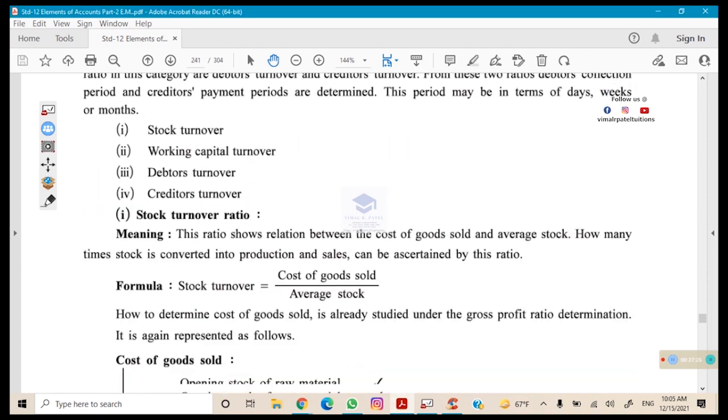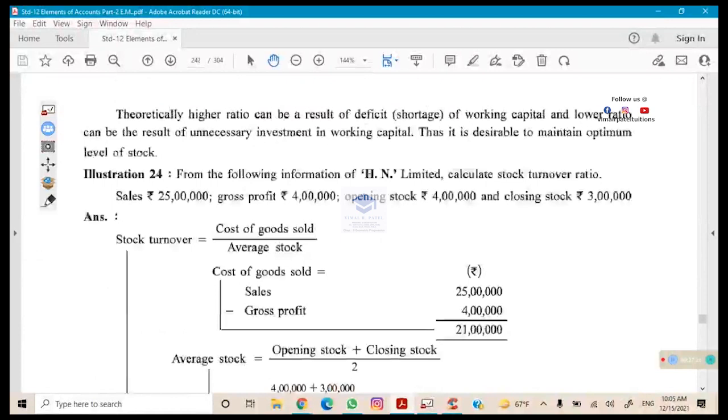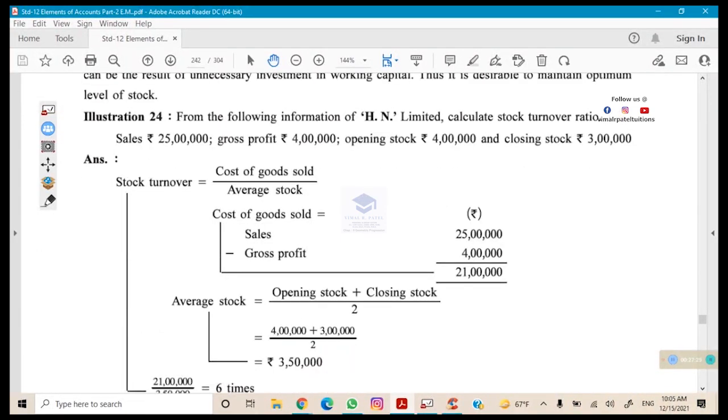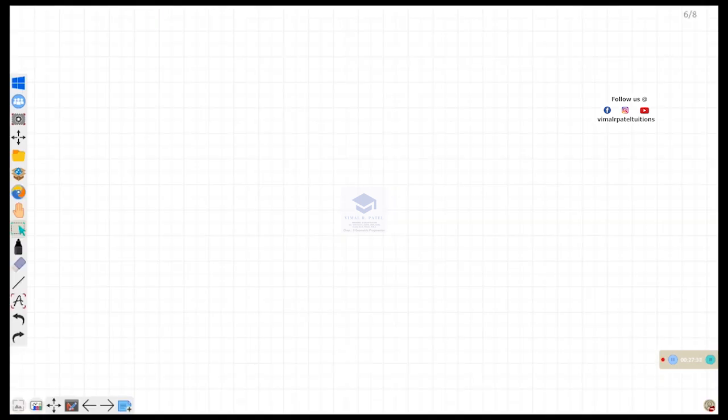Efficiency or activity ratio. Illustration 24. From the following information of HL Limited, calculate stock turnover ratio or stock turnover rate. One and the same thing. STR.